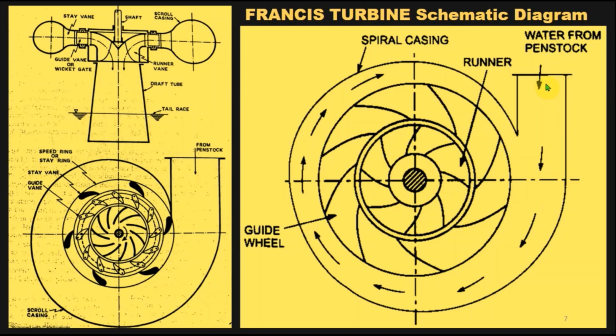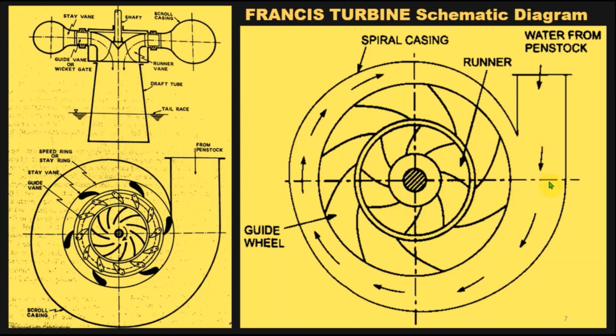Regarding the energy conversion, this scroll casing has an important hydraulic function to perform. It converts the pressure energy of water into kinetic energy because of the reduction in flow area. Even while flowing through the guide vanes and through the runner vanes, that progressive reduction in flow area occurs.